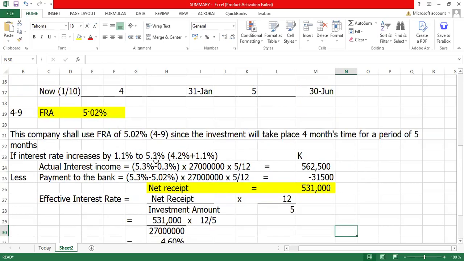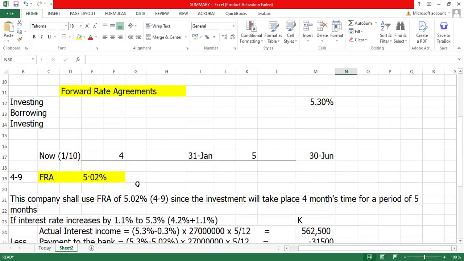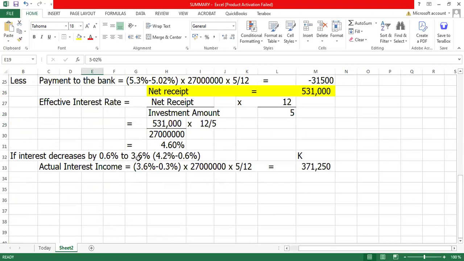So you enter into an agreement with the bank saying that in 5 months' time, the rate should remain like this. So now the rate has decreased to 3.6%. So in that situation, the bank will compensate. You just need to know who is compensating. The one who is benefiting should compensate.